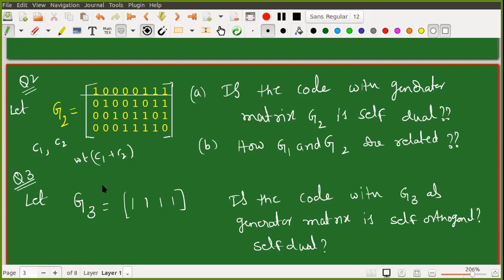How do you prove that? Somebody remember that in the previous problem session, I wrote the weight of C1 plus C2 in terms of the weight of C1 and weight of C2. Or even now you can check what is happening with C1 plus C2. Sir, it's less than or equal to? Less than or equal to is okay, but we need equality.